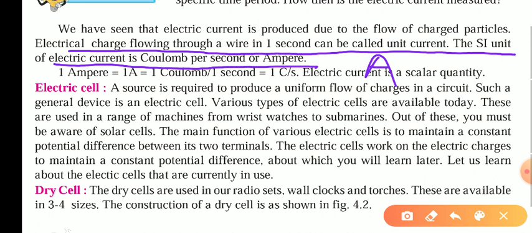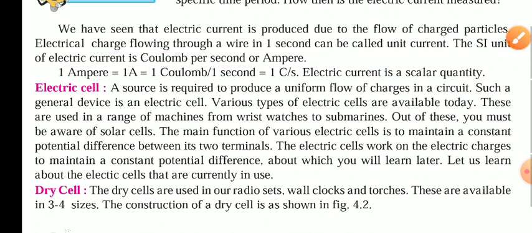Whenever we are talking about the flow of electrical charges, if in a particular conductor or wire, in 1 second, a unit current is passing, then it's called the electric current, and the SI unit for this will be coulomb per second or ampere.